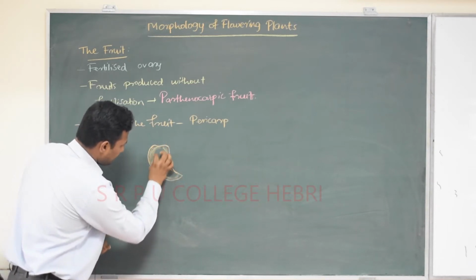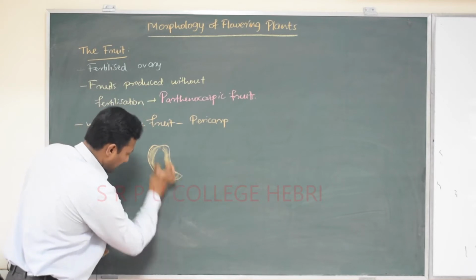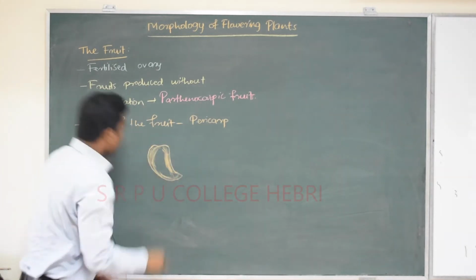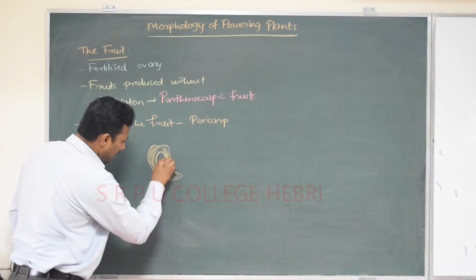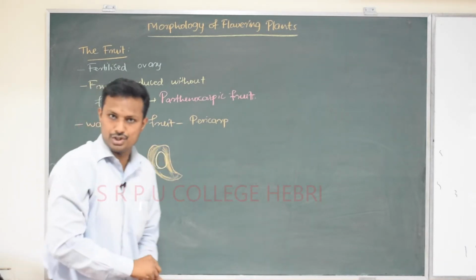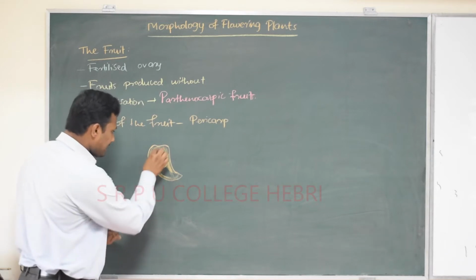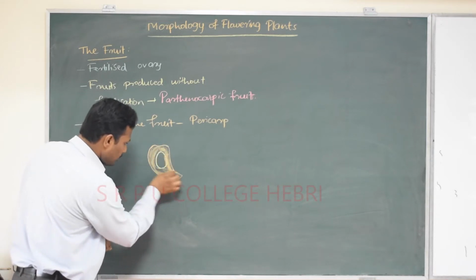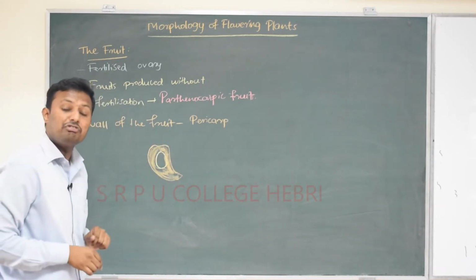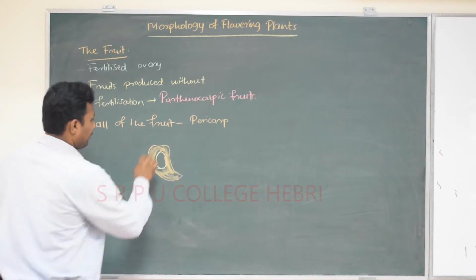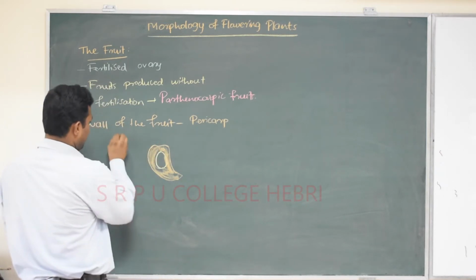So this is nothing but the fleshy layer here. And the innermost layer will be a hard stone like structure, very hard it is. So that is nothing but the seed. So now this is a kind of which fruit? It is a fleshy fruit.